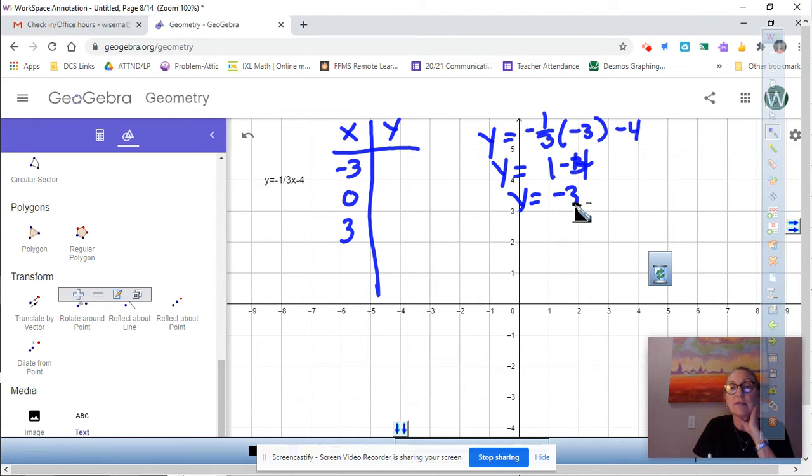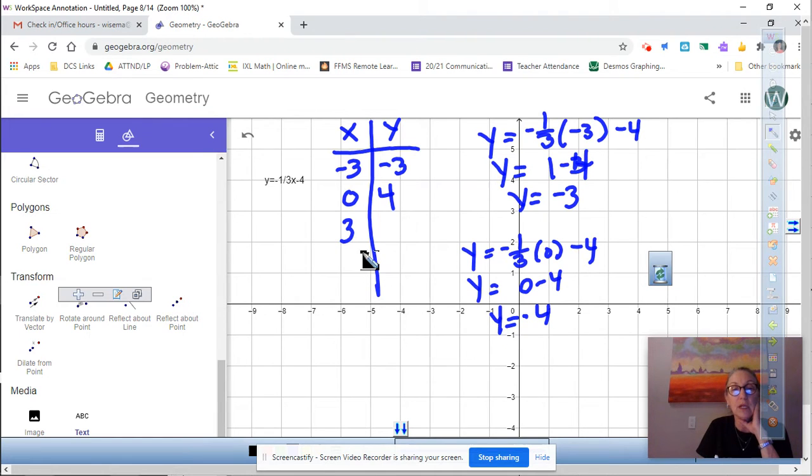Y equals -3. So I've got -3 here. Now let's plug in a 0. Y equals -1/3 times 0 minus 4. Now we do this on our skill builder all the time, so this is pretty easy. That's 0 minus 4, so y is equal to -4.